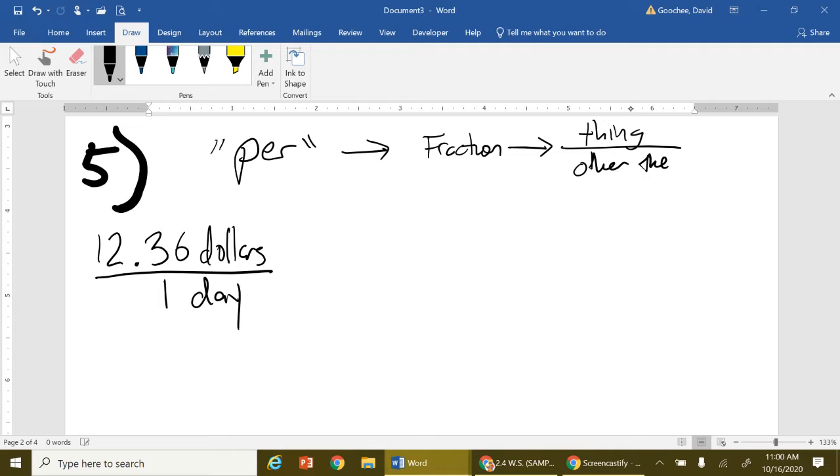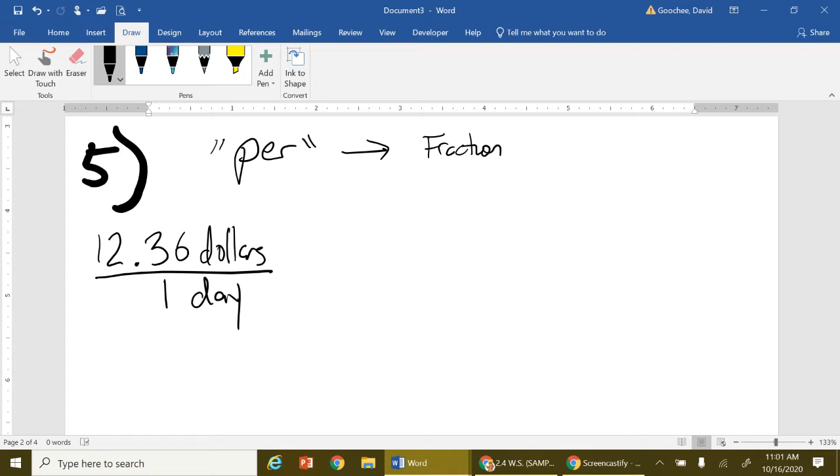This works in everyday life too. For example, the speed of a car is measured in miles per hour. The way they calculate miles per hour is they take the miles that you've traveled and divide it by the hours that you've been traveling for.